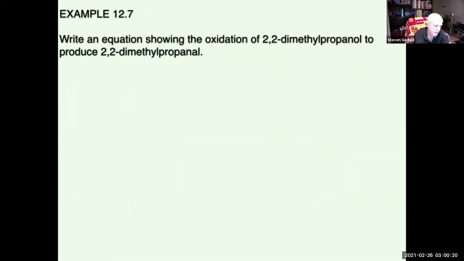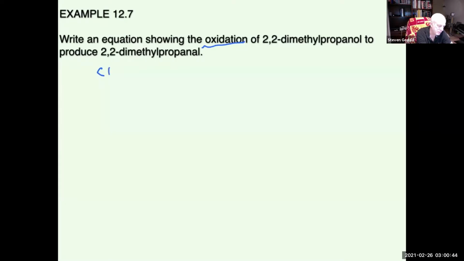Okay. Write the equation of the oxidation of 2,2-dimethylpropanol to produce 2,2-dimethylpropanal. So you have to know what these are, right? So 2,2-dimethylpropanol. Propanol has 3 carbons. So the propanol is on 1 carbon.